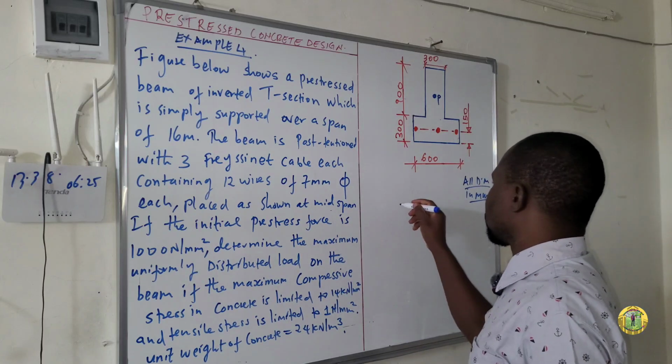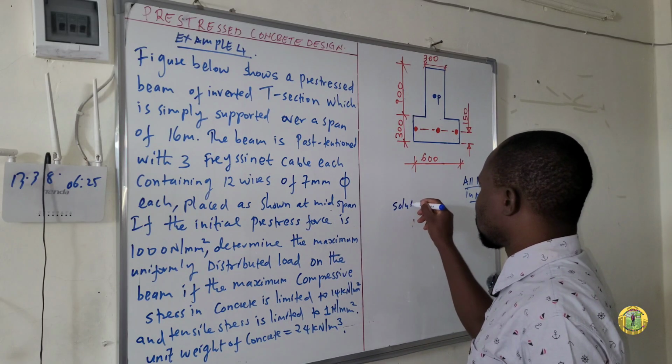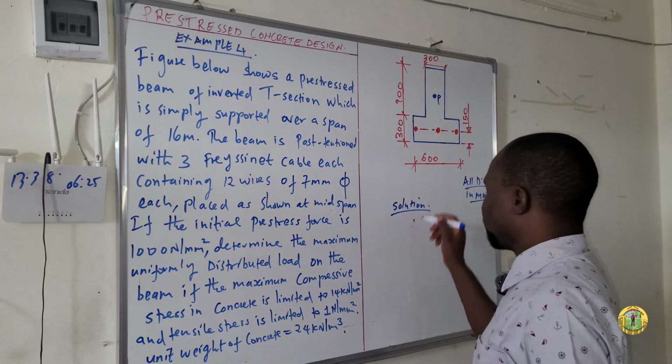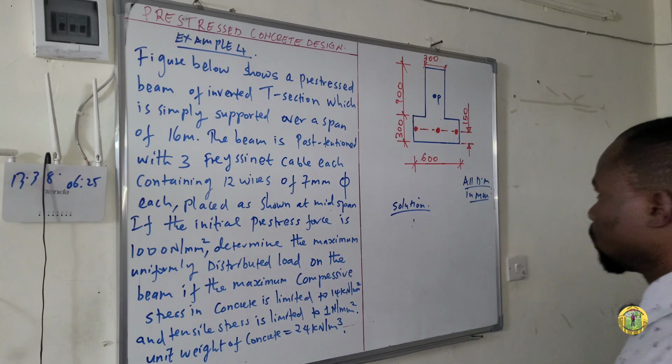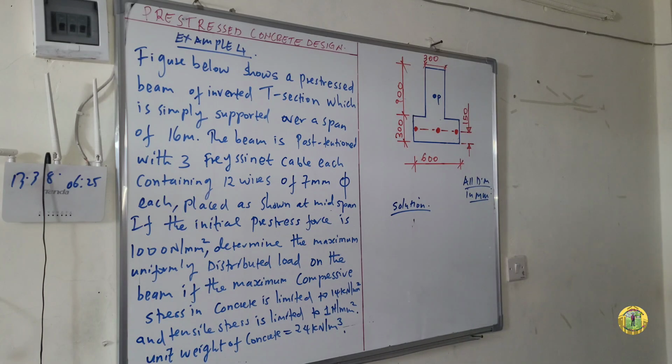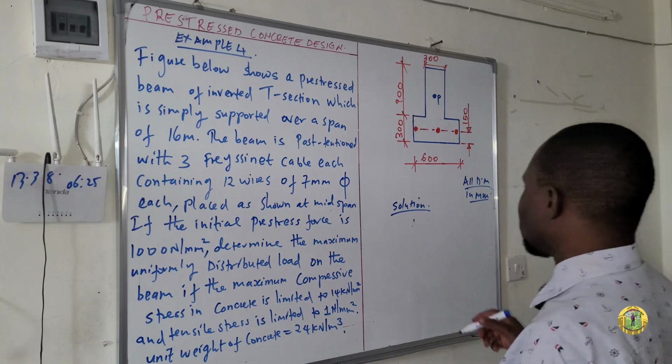So, solution. As I said earlier, for you to start solving this question, you will first need to calculate its properties. Property number 1 is the total area.